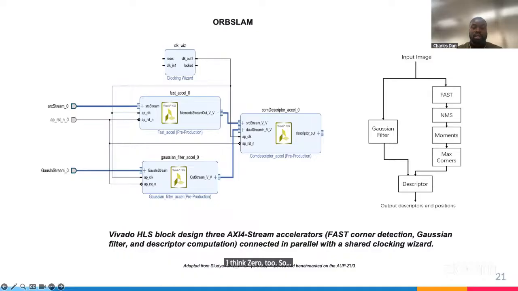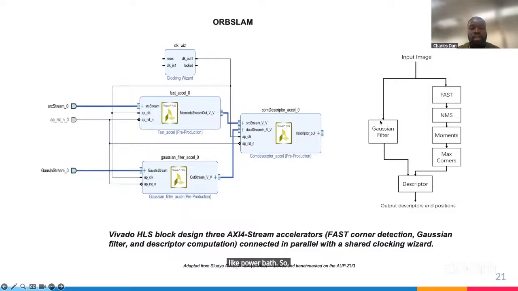So this is an ORB feature algorithm. It finds the distinct points in an image, and then it creates compact fingerprints for each one. So you feed in the image from here, and then it's split into two parallel paths.